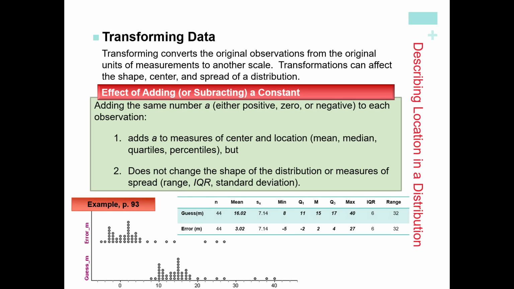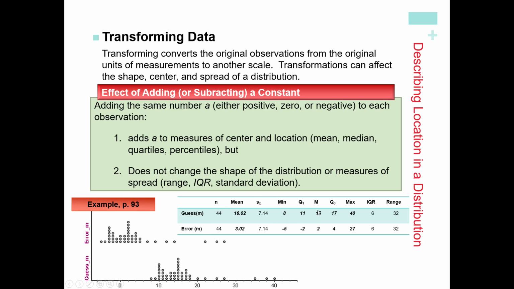These are the summary statistics, and again, I'm going to see if I can get a laser pointer on here. Not sure I can. So, let's see. No. But I can highlight with the mouse. So you will notice that the min has, sorry, looks like decreased here from guess to error.